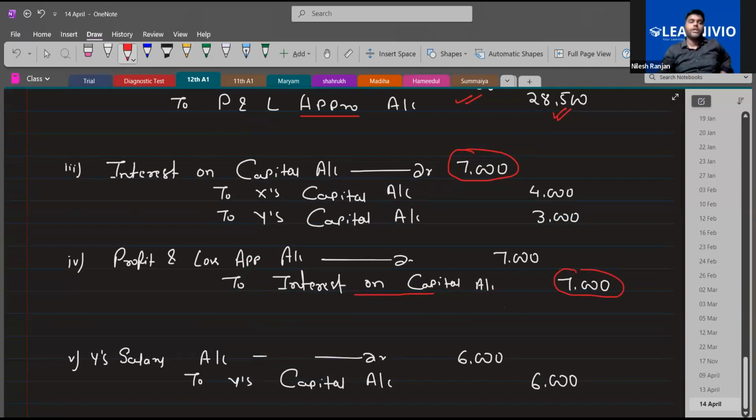So account will be closed. Like if we prepare account of interest on capital, in first entry it will be on the debit side in the account, and second entry it will be on the credit side with 7,000. So that's why there will be no balance in the account and account will be closed.